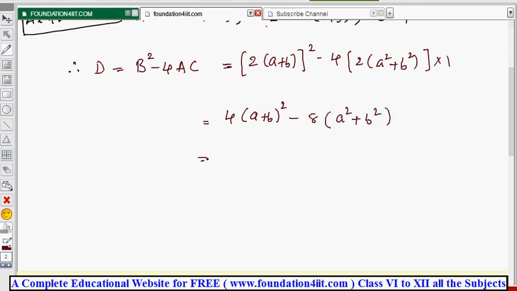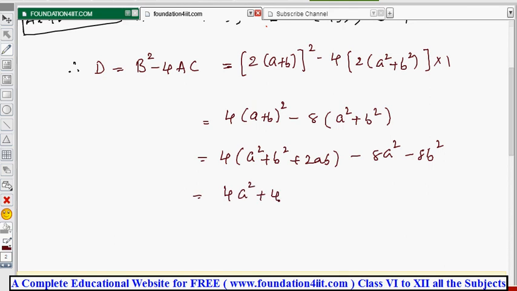Let us simplify this by applying the (a + b)² formula, that is a² + b² + 2ab, minus 8a² minus 8b² when you multiply with 8. Multiplying with 4, we get 4a² + 4b² + 8ab − 8a² − 8b².